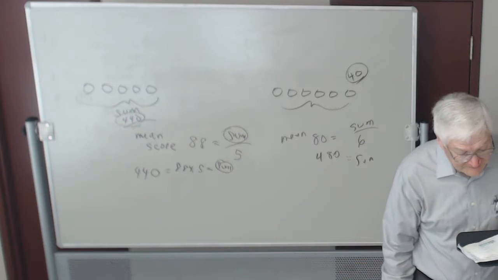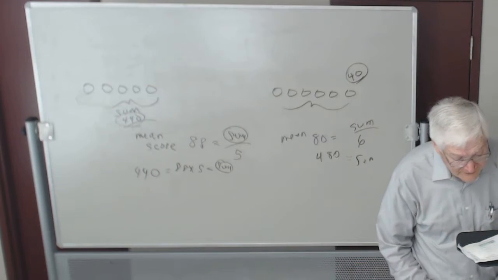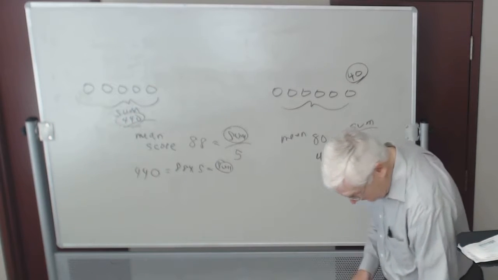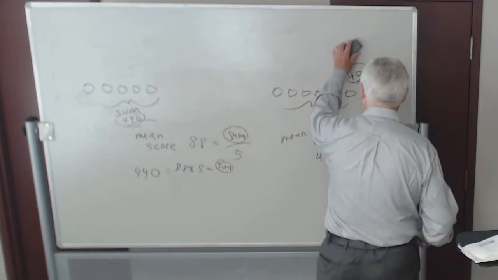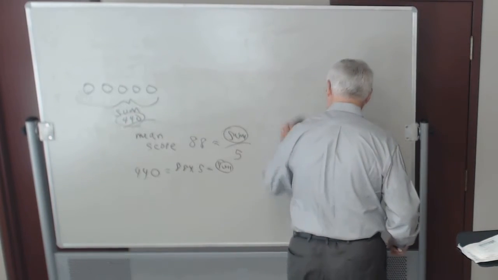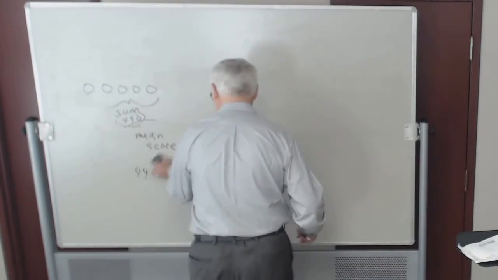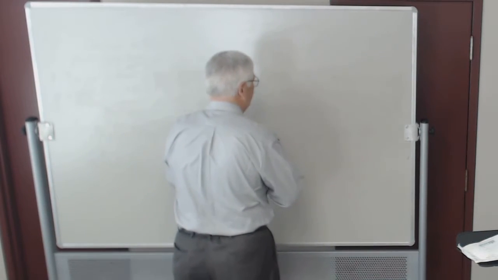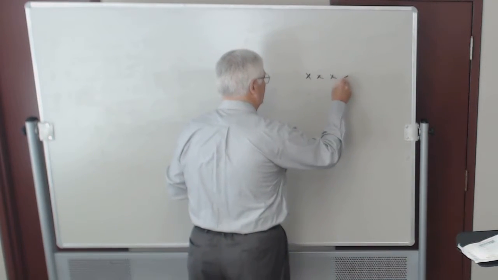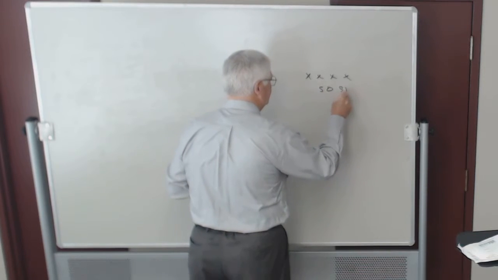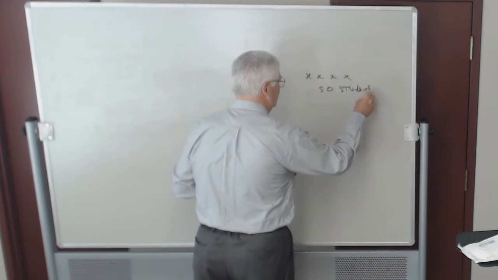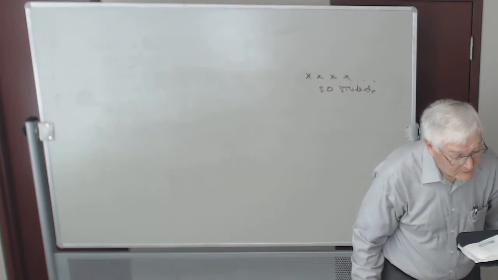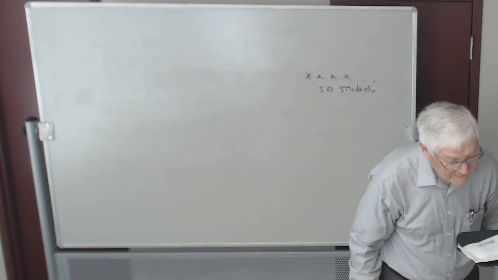In problem 16, in a history test given to 100 students. Now, I'm not going to put 100 numbers up here. I'm going to put 50 students, and those 50 students made what for problem number 16?